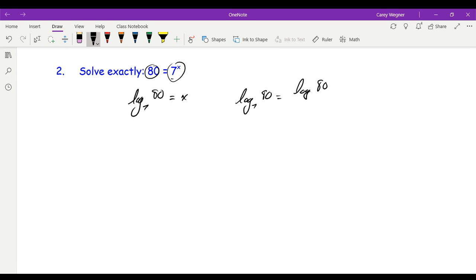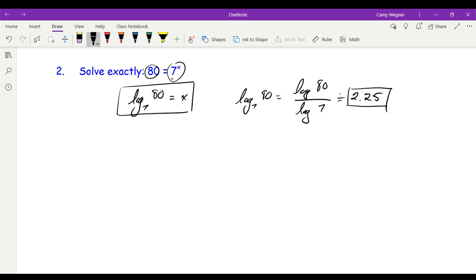And remember, if we don't write a base in, that means it's base 10, a common logarithm, divided by the log base 10 of 7. And so that is what we would plug into our calculators. And if we want an answer to the nearest tenth, this would be approximately 2.25. If we wanted an exact value answer, then we would just say there's our answer. If we want a decimal approximation, we'd say that is our answer.